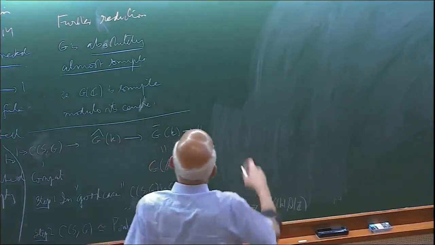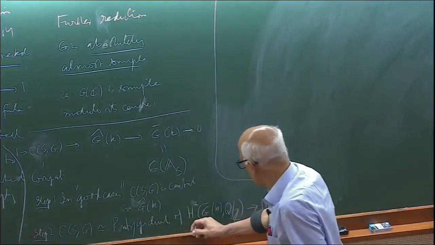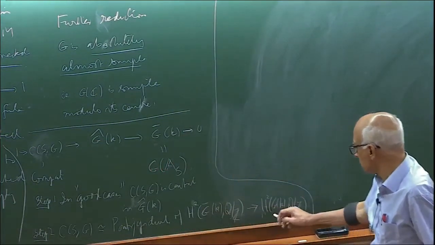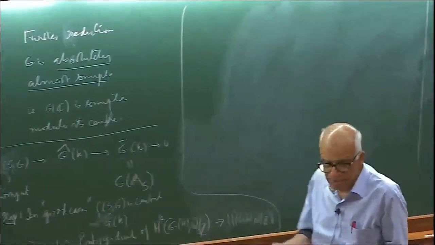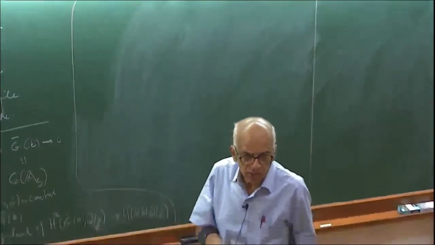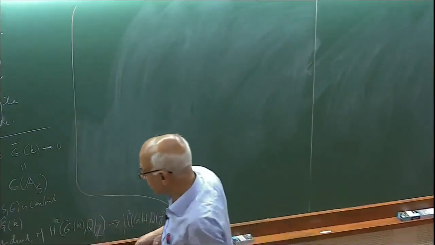Now, plenty of work has been done on all these things. In particular, for this, for example, H2 G bar K, Q by Z to H2 GK, Q by Z, one notes that the kernel is necessarily a subgroup of the roots of unity in K. It turns out that this is isomorphic.